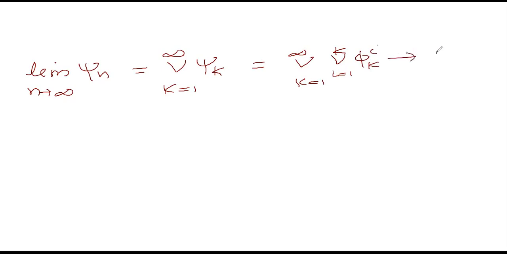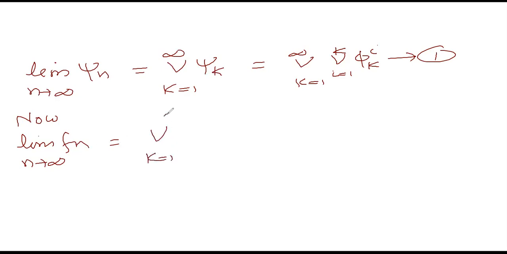Name it first. Now we find the limit of fn as n approaches infinity. It's again the join, because it's an increasing sequence: the join, k runs from 1 to infinity, of fk. What's fk?